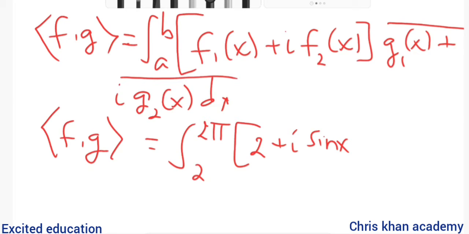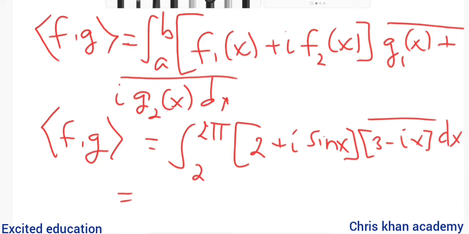Then we have f1(x) equal to 2 plus i sin x, plus i f2(x). Then we have to multiply by the conjugate of g(x). So we don't have f2 and we don't have g2.